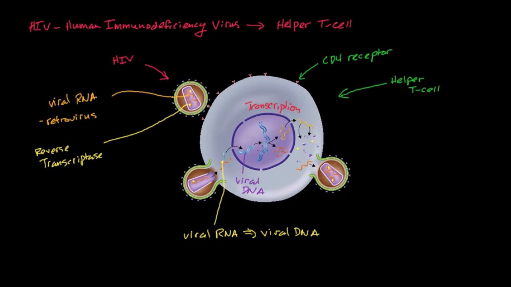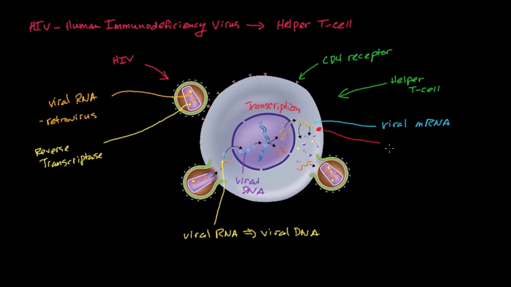Transcription of this new DNA molecule that includes the viral DNA will produce this thing right here. That new thing is what we call viral mRNA. And that viral mRNA will be sent to this guy right here.